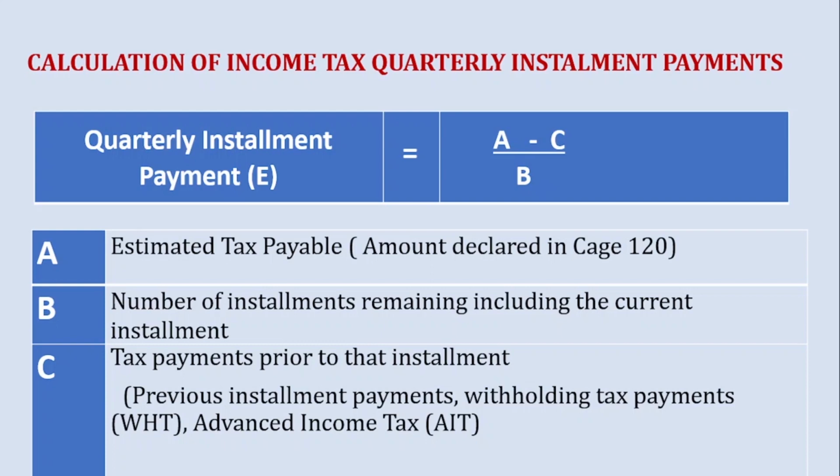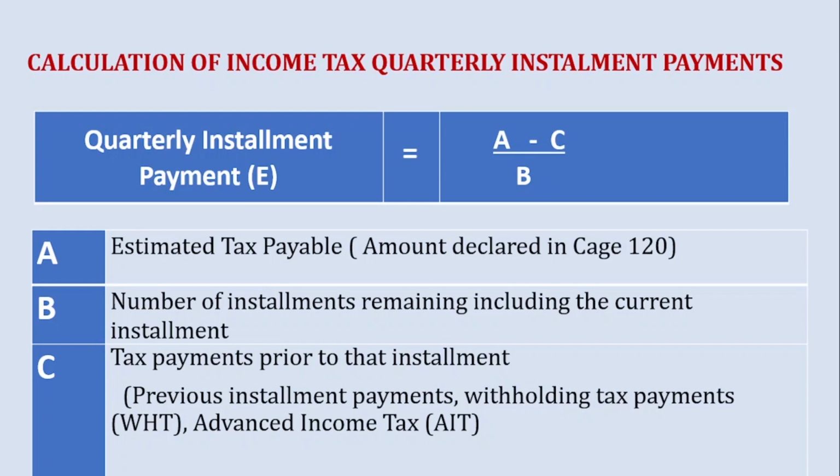After deducting that estimated APIT amount, you will receive A, that means estimated tax payable. Then B is the number of installments remaining including the current installment. C is tax payments prior to the installment, that means previous installment payments, withholding tax payments and advance income tax.